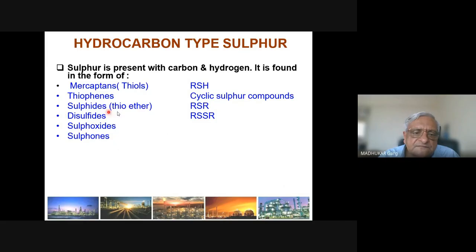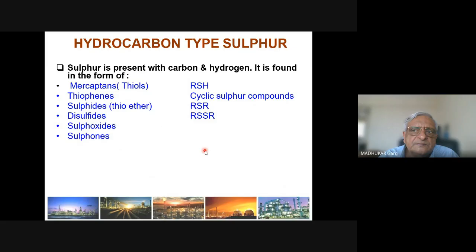And then you have sulfides like RSR, which is dimethyl sulfide or methyl ethyl sulfide, or even a disulfide like dimethyl disulfide. And in combination with oxygen, you could have sulfoxides and sulfones, etc.